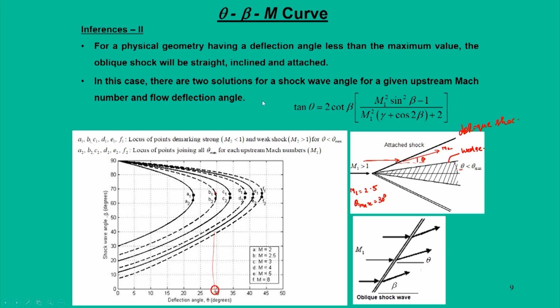Now, for this theta there are two oblique shock solutions possible for a given Mach number and flow deflection angle.